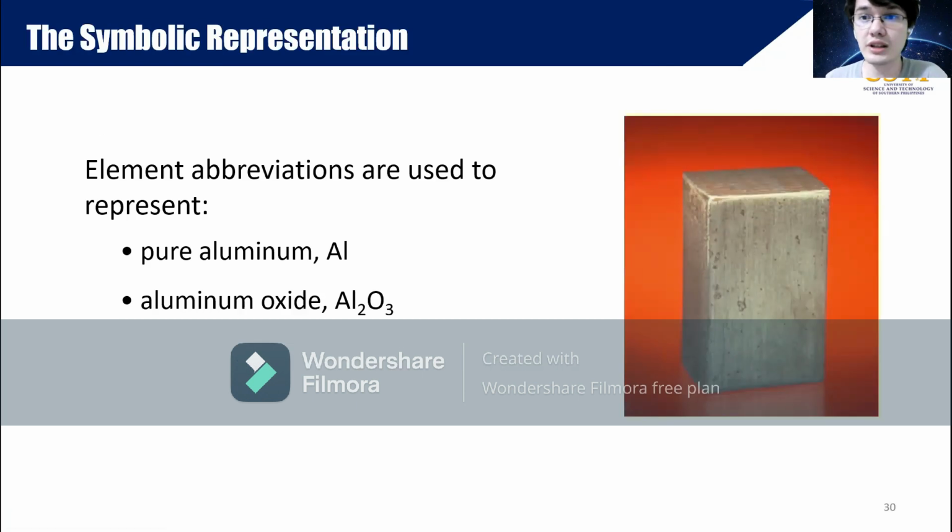So for the symbolic representation, we use element abbreviations which are found in the periodic table. For example, we have aluminum, which is represented by Al, and its compound aluminum oxide, which is Al2O3.